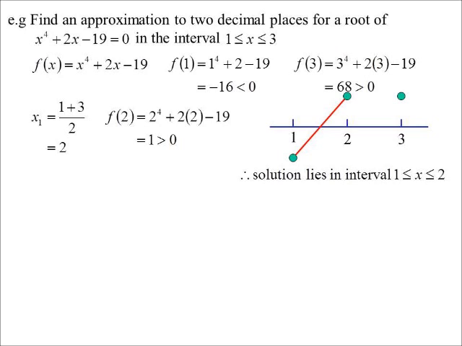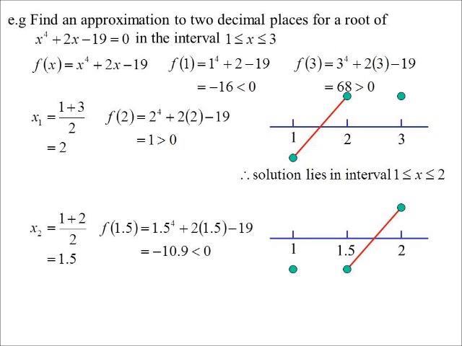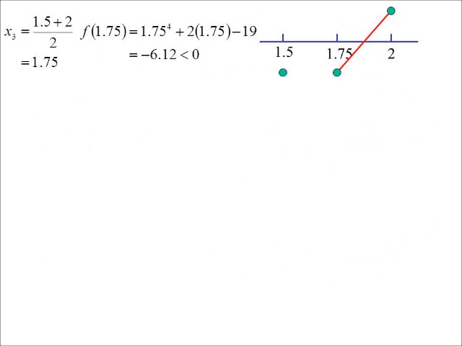So now, instead of going between 1 and 3, I can halve that interval and try 1.5. That is a negative answer, negative 10.9. So the solution must be between 1.5 and 2.